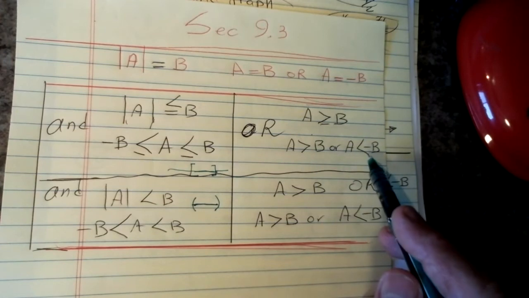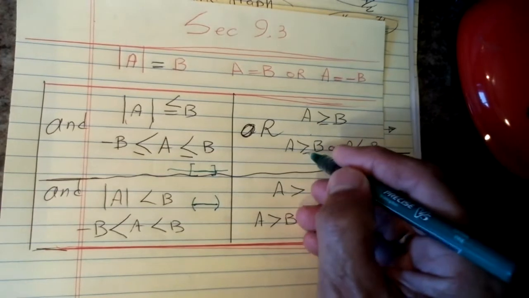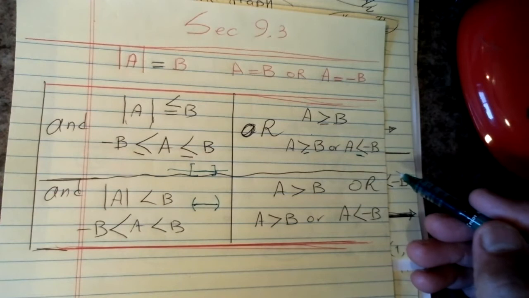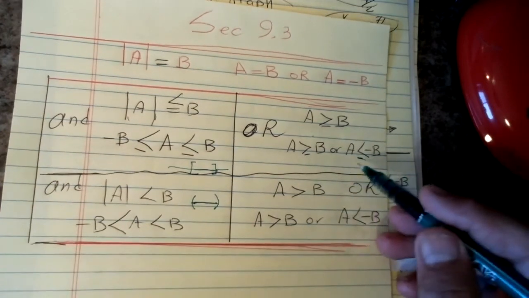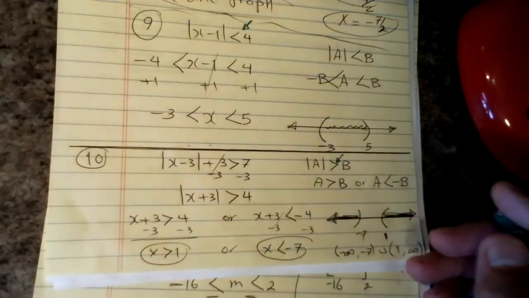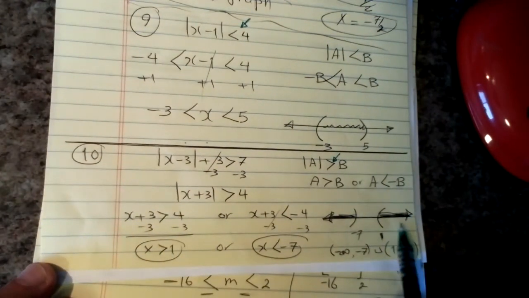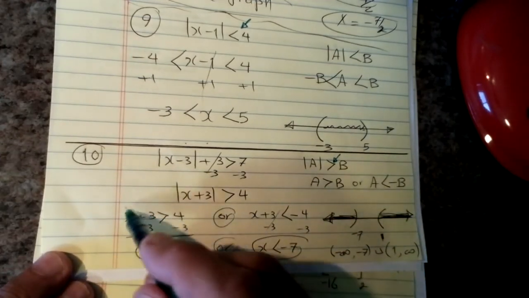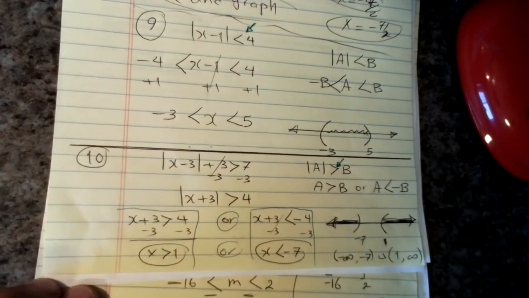Just follow the formula: A greater than B, and A is less than minus B. So this is in case of two separate sections when you graph it. It's two separate ones, a union, because you're dealing with two separate inequalities. See the word or? This is one inequality, and this is a second inequality.